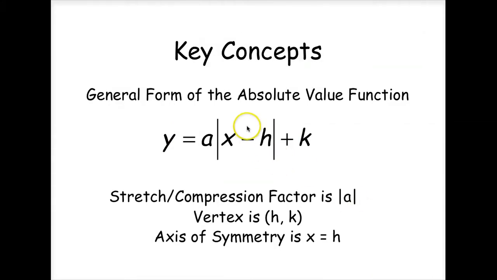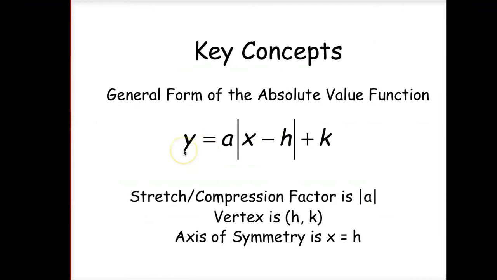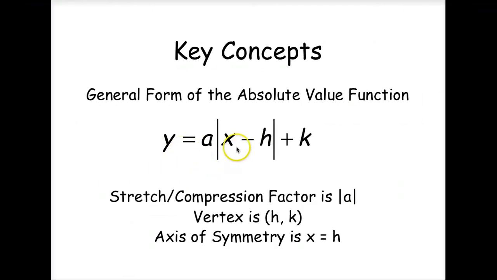The general form of the absolute value function, where y is equal to a times the absolute value of x minus h, plus k: the dilation factor is the a. The vertex is (h, k). Now remember, this formula says x minus h. So if you see an x minus 1, that means our h is positive 1.